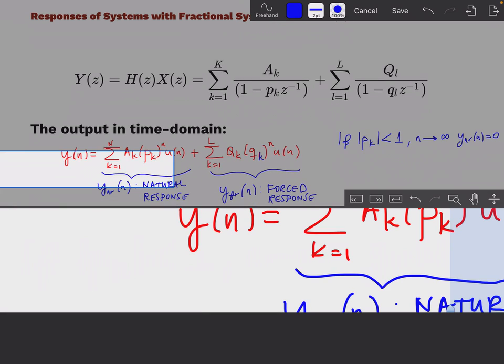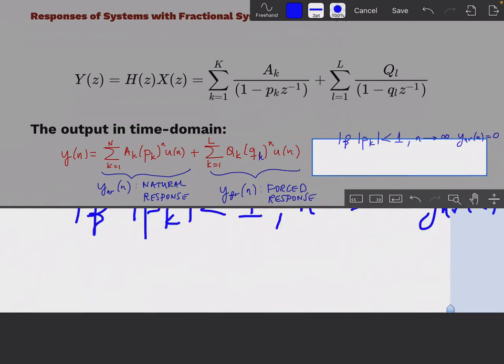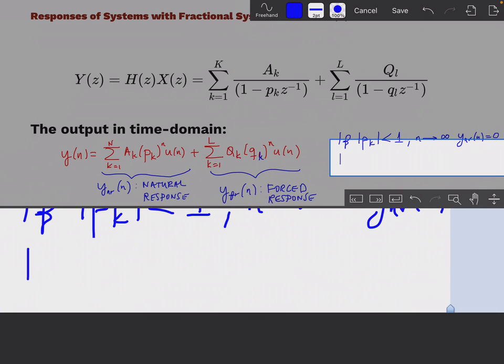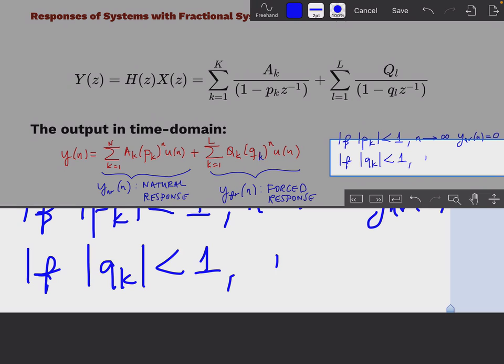It's going to wither away, so to speak. If q_k is less than 1, as n goes to infinity, y forced response n is also going to be 0.